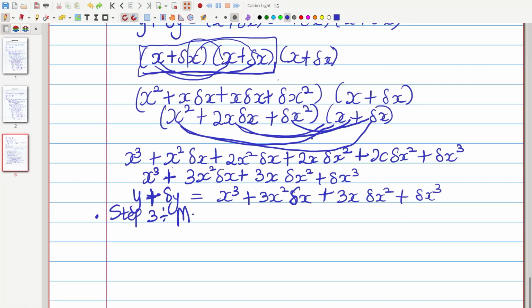would be to make delta y the subject of formula.